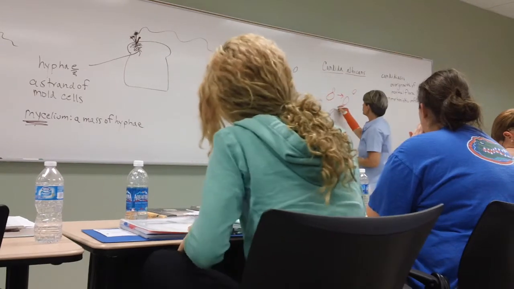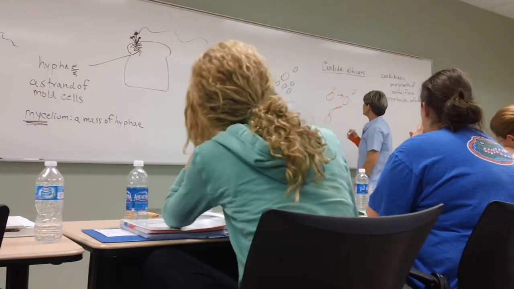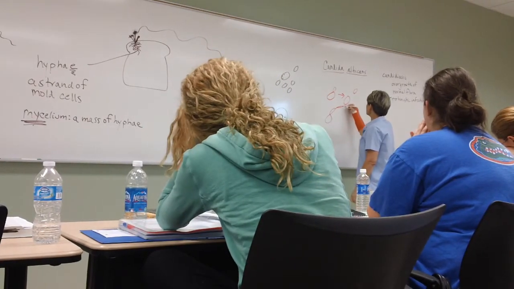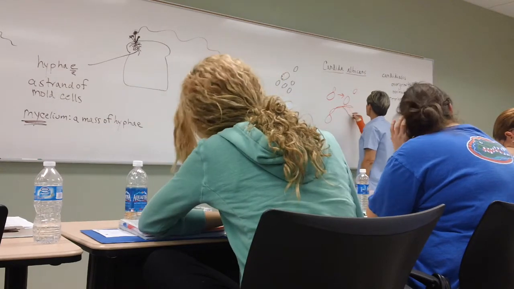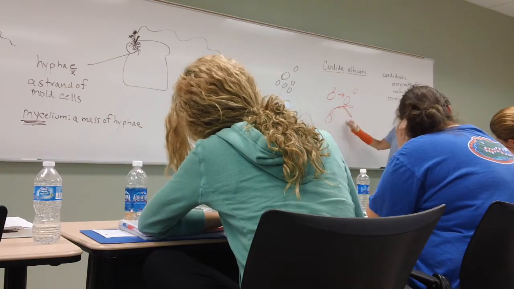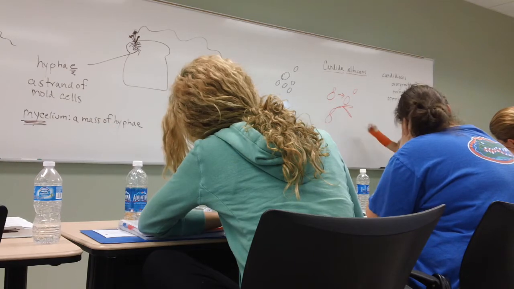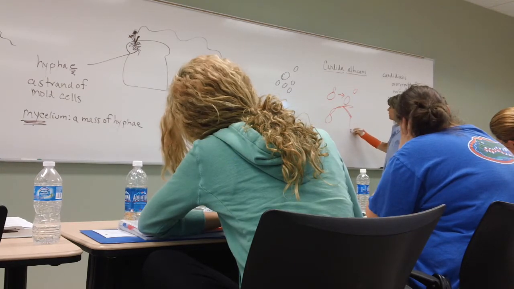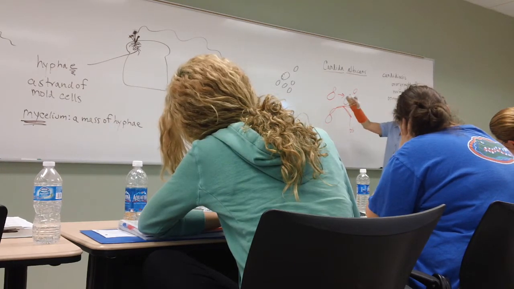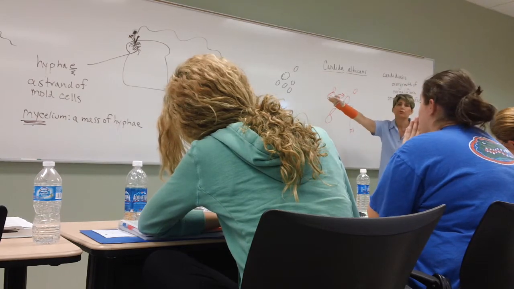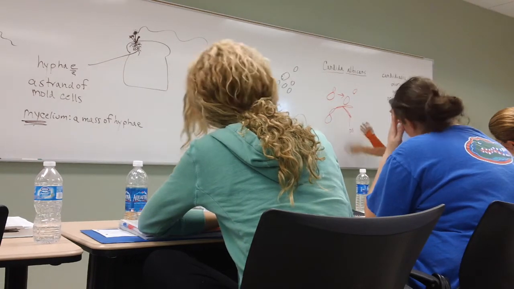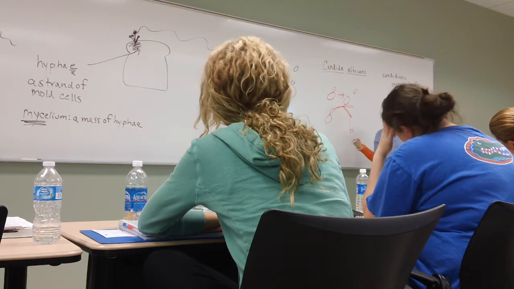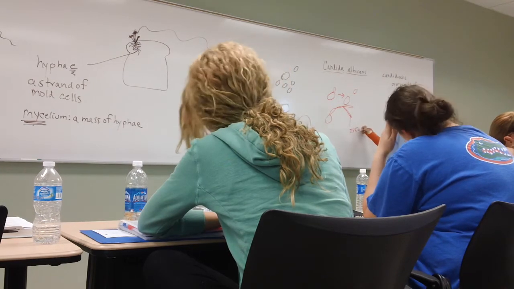And then when this one buds, it collapses down and stays attached. And this one buds and collapses down. It might even go this way. And when it does that, we call it a pseudo-hypha, because it's not really a hypha the way molds do it, but kind of is. So we call it a pseudo-hypha.